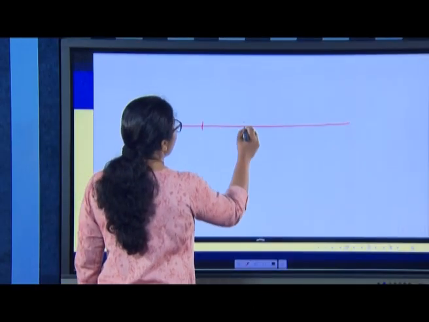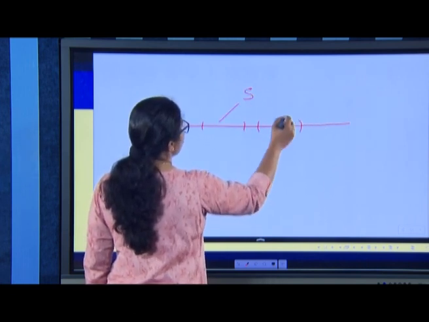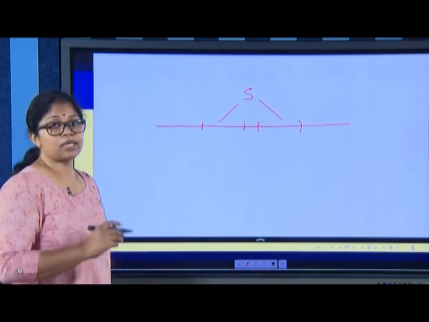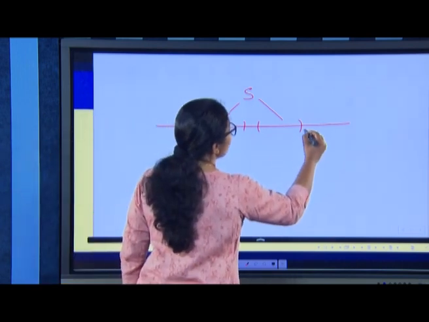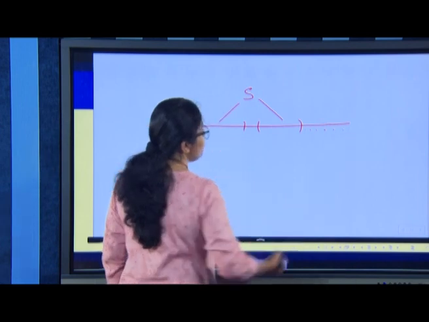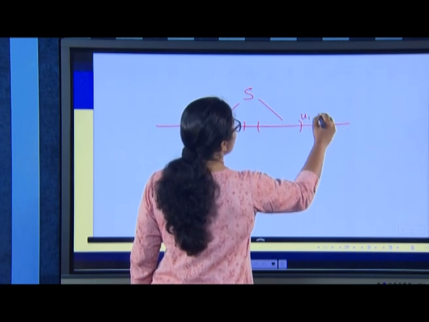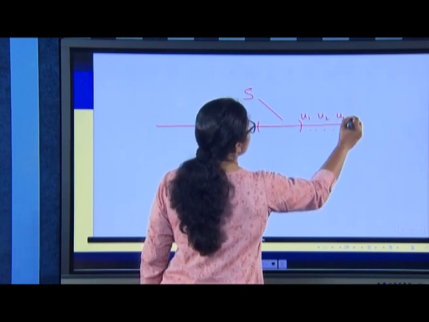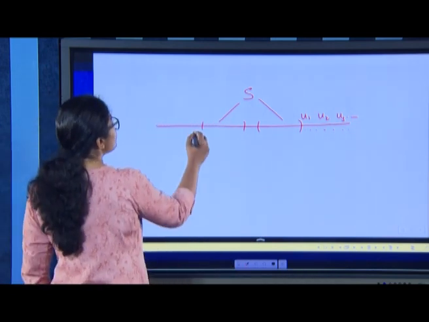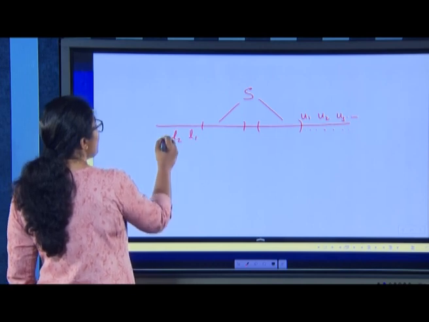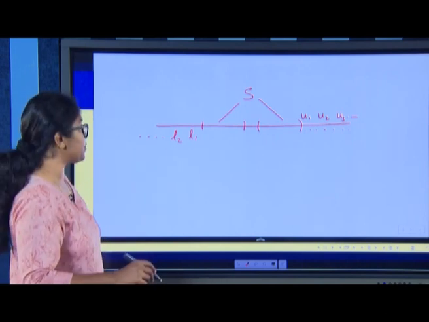Suppose we have a set like this, these are the elements constituting the set S. Then we can see that there are so many real numbers here which are greater than that set S. Say we can write u1, u2, u3 etc. many elements on the right side of that set S, as well as L1, L2 etc. many elements on the left side of that set S as well.